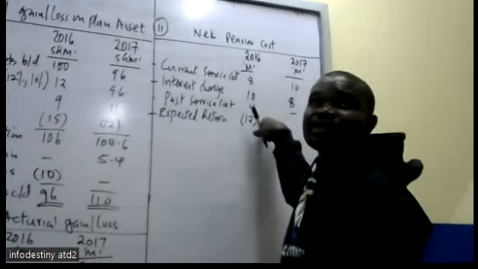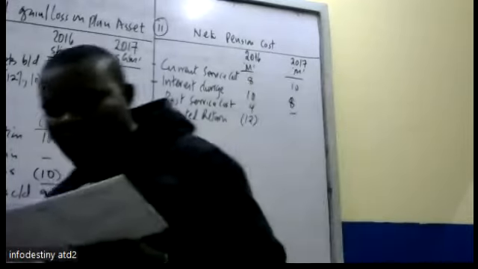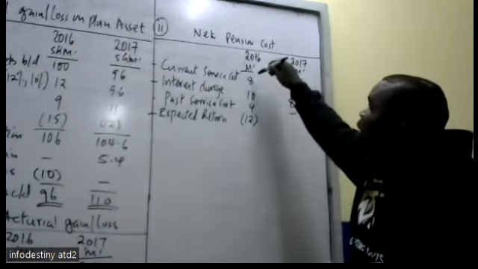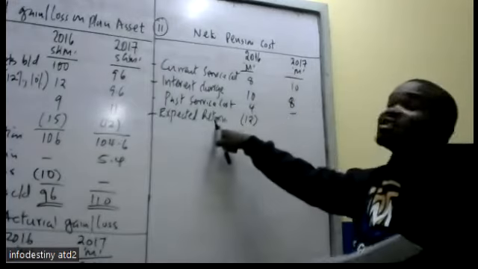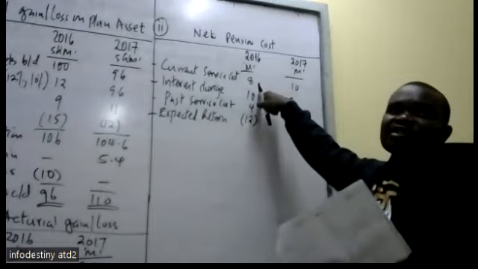All these are expenses. I'm going to require Roman 2, the net pension cost. You know, cost is the expense. This is an expense, but this is an income. So use this income to offset the expenses.